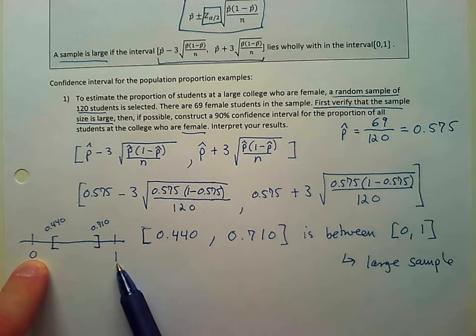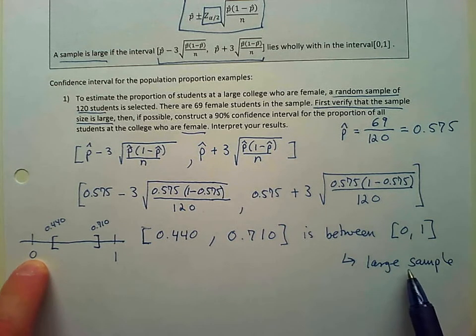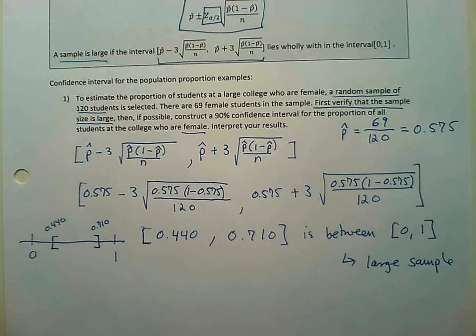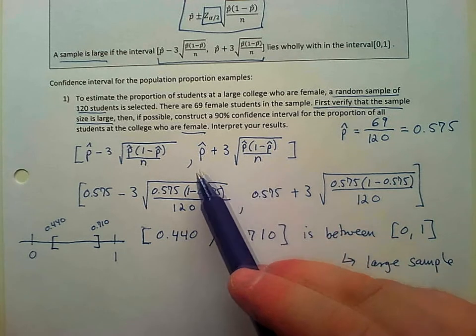And if it's between 0 and 1, we have a large sample. So, if you remember back to our discussion in chapter 6, why does this have to be between 0 and 1? Well, we're dealing with proportions here. Proportions are like percentages of a whole.